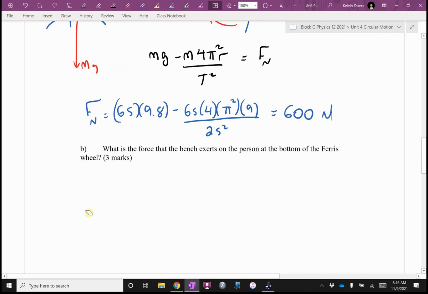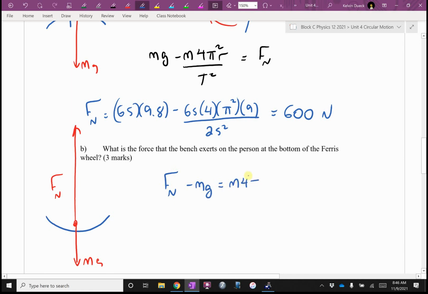What's the force at the bottom? So at the bottom, what are the forces acting on it? Get the obvious one. I have gravity down, I have normal force, and normal force is definitely winning because that's towards the center. So at the bottom, it's going to be normal force minus mg equals m 4 pi squared r over T squared.